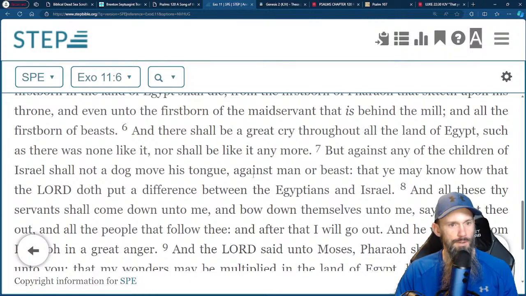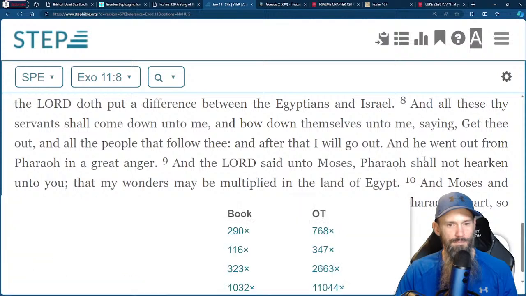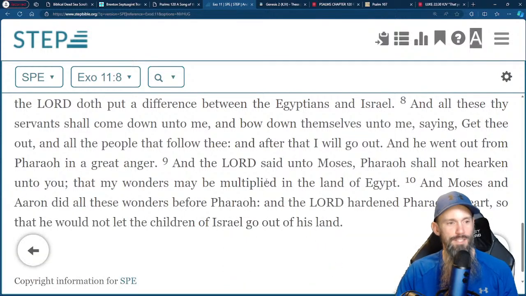But any of the children, go down further. Oh yeah, and the Samaritan Pentateuch shows something missing from our Masoretic text, that Aaron lifted his rod and did one of the wonders in Egypt too. Two witnesses, foreshadow, maybe.